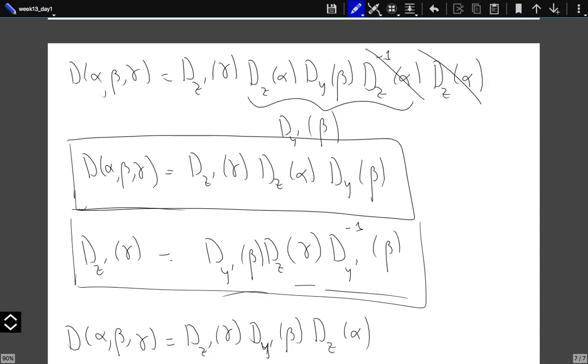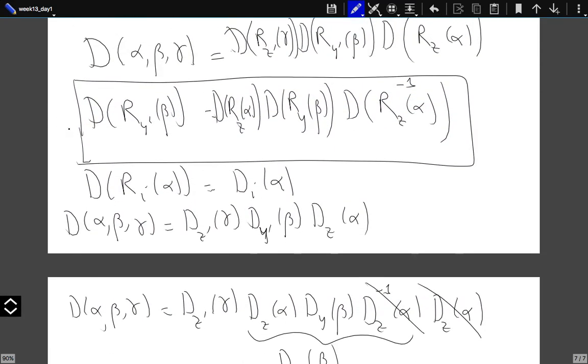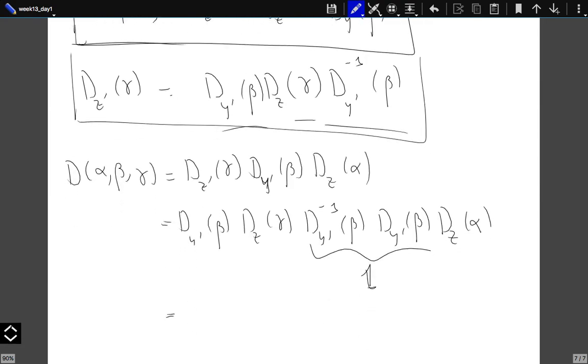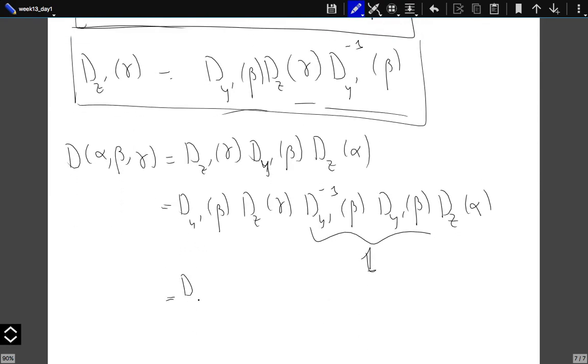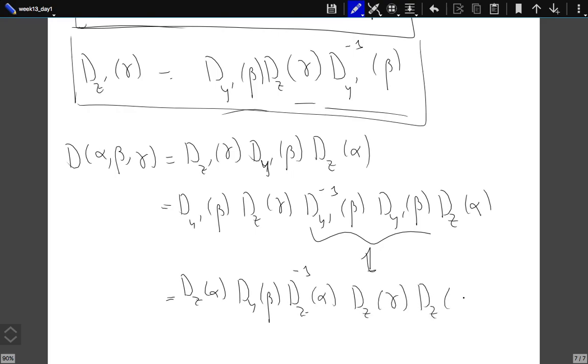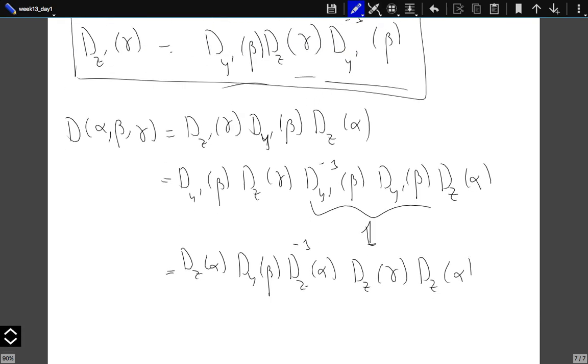And dy prime beta is this one over here, dz alpha, dy beta, dz inverse alpha, dz gamma, dz alpha.